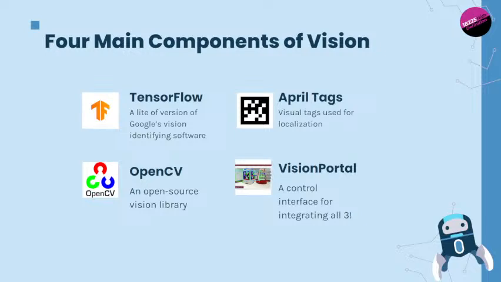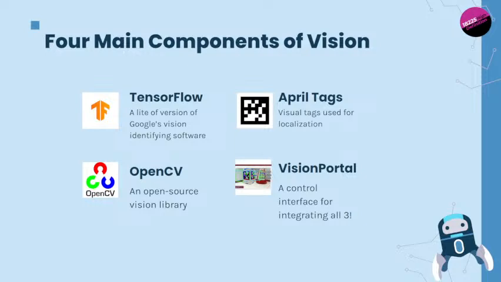TensorFlow, how would you use that in combination with OpenCV? So TensorFlow gets info from the camera, and OpenCV does too. They're not dependent on each other, but you can use them at the same time. TensorFlow doesn't rely on OpenCV to work. They have different purposes, because TensorFlow is AI, so it's machine learning, and you can train it to recognize images or objects on the field.